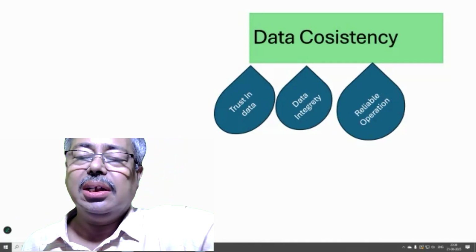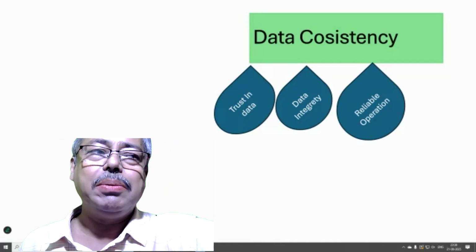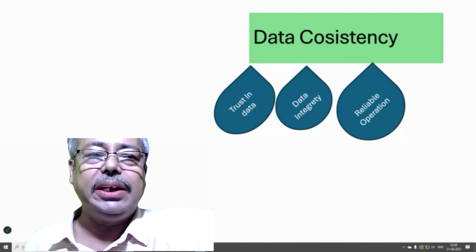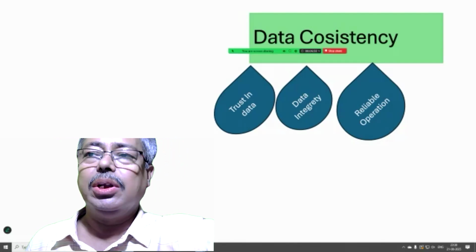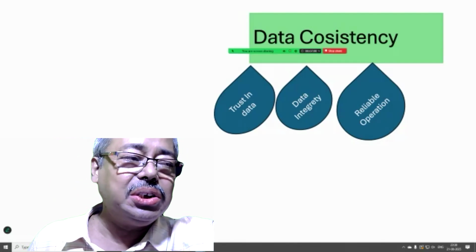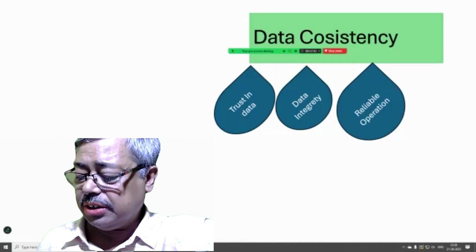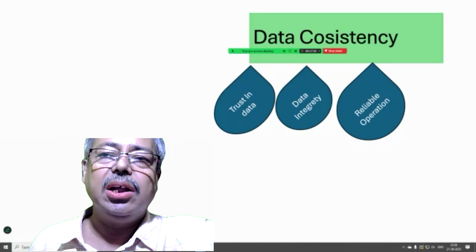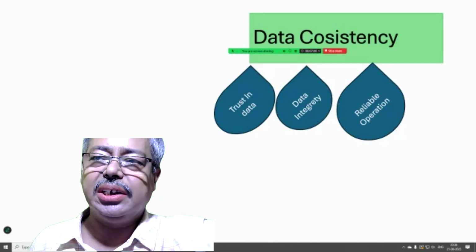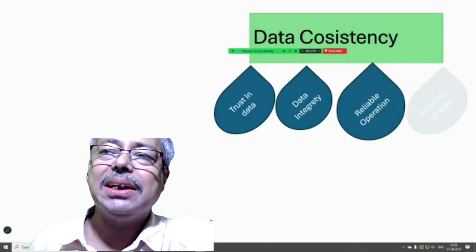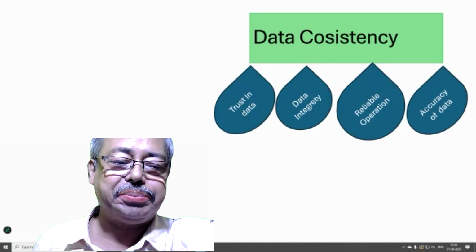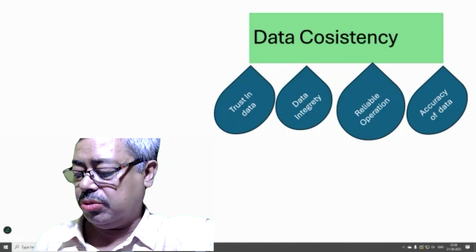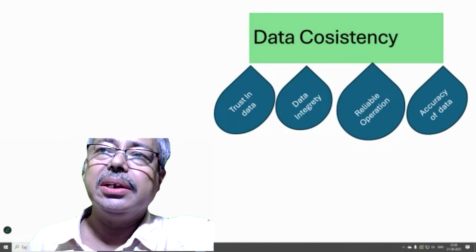It will not happen that if the system fails or the power fails, it is automatically changed. No, that is not possible. So data consistency is where I believe in the data, in the integration, and in the operational system. Everybody wants accuracy of data. So there are four items in data consistency.